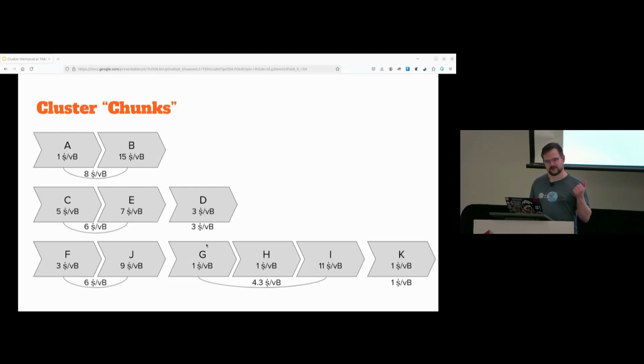And now, if we were to build a block, does anyone have a good idea how we would go about that? Well, we have to, yeah, go ahead. Right? So we walk each cluster from the front, pick the highest fee rate chunk, and then just remember which chunks we've picked.